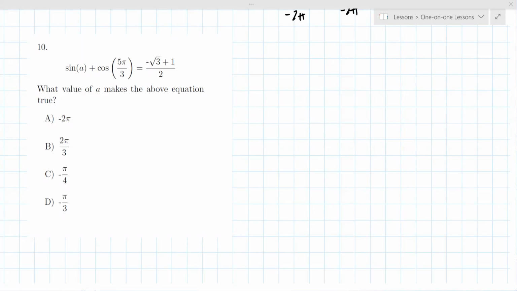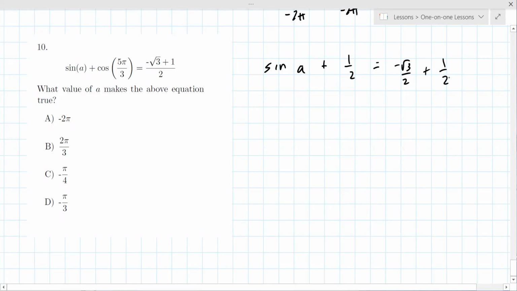So it's sine A plus 1/2 equals negative root 3 over 2 plus 1/2. Okay, so sine A equals negative root 3 over 2. We have to find that. So now you're trying to figure out where sine A equals negative root 3 over 2.